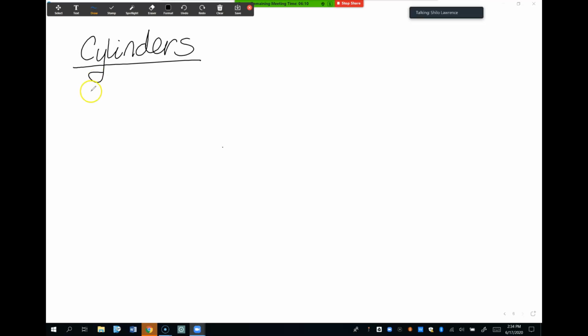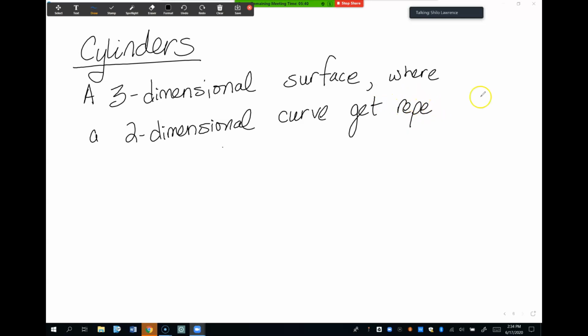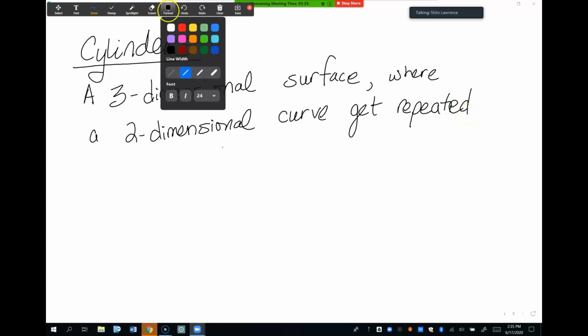A cylinder in 3 dimensions is a 3-dimensional surface where a 2-dimensional curve gets repeated infinitely in the direction of the missing variable.